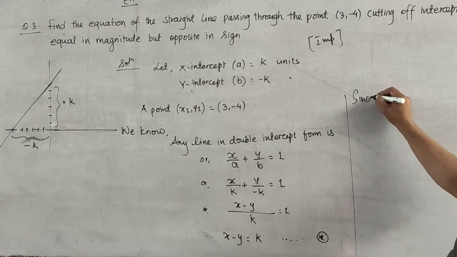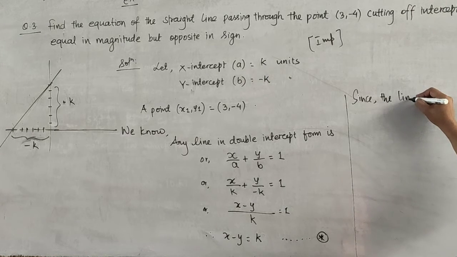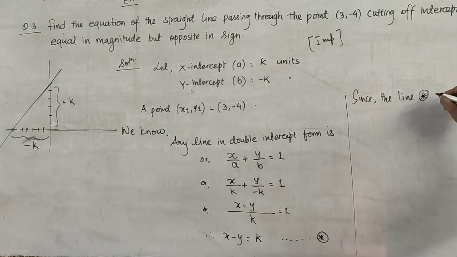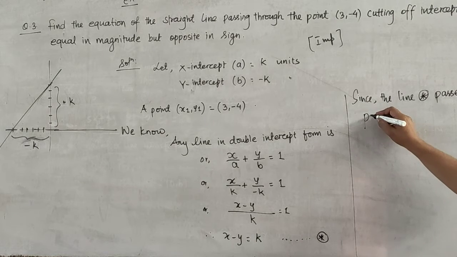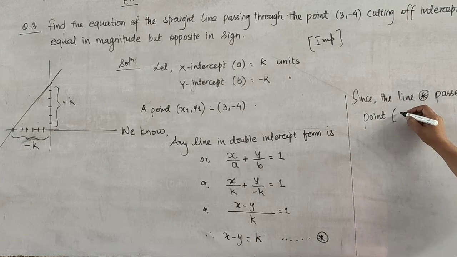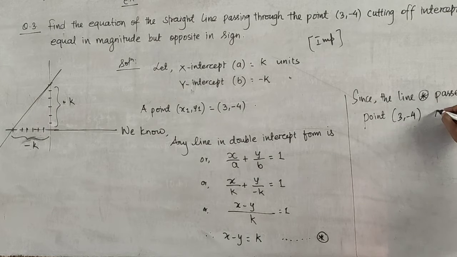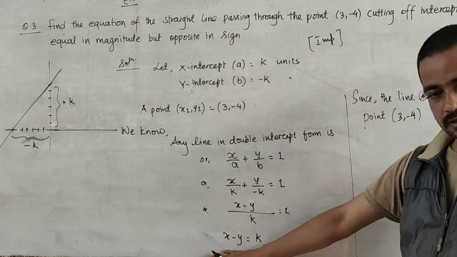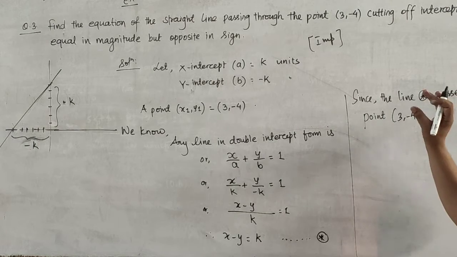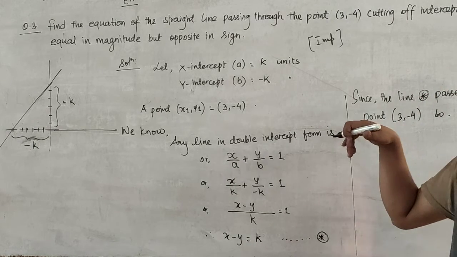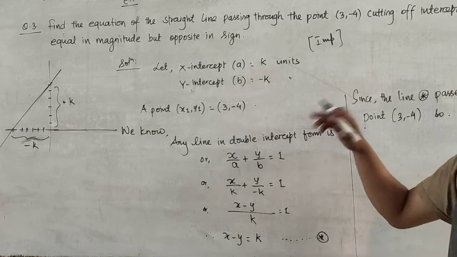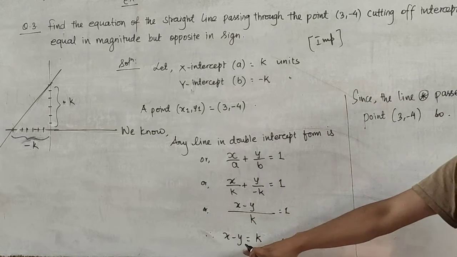Since the line star passes through the point (3, -4), we all know that for any line whose locus is given, if a point belongs to that line, that point must satisfy that locus.